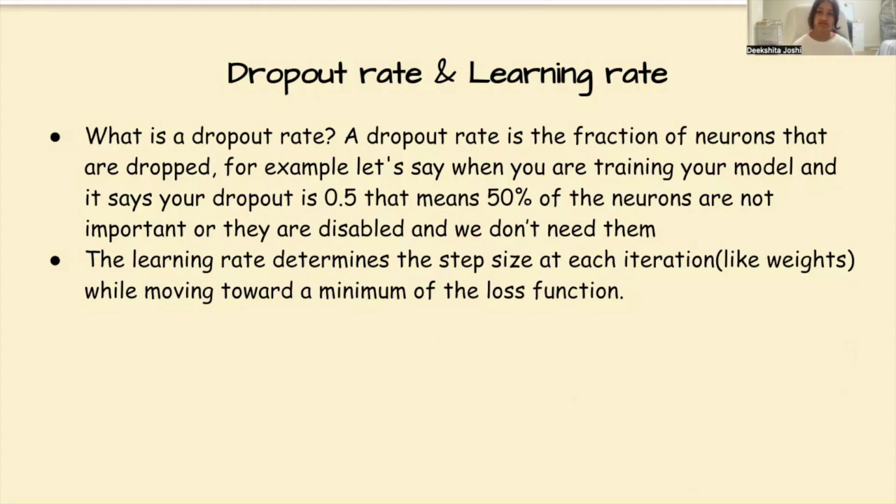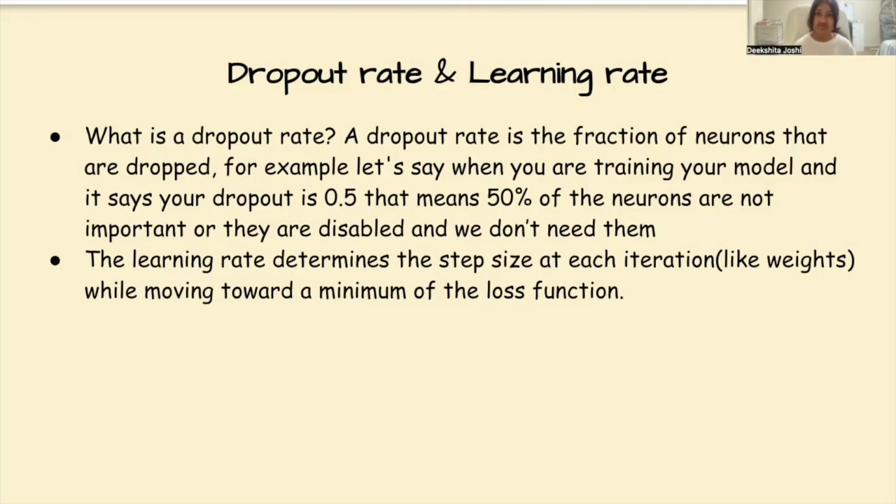Dropout rate and learning rate. So, what is a dropout rate? A dropout rate is the fraction of neurons that are dropped. Let's take an example. When you're training your model, your code says dropout equals 0.5. If you convert 0.5 into a percentage, it would be 50%.